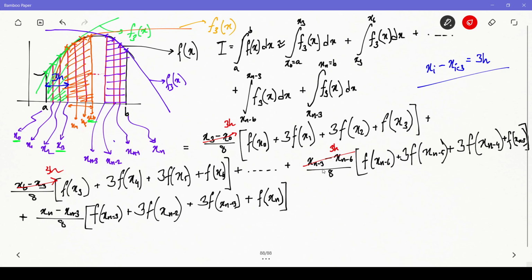So that implies that n minus 3 is also divisible by 3, and n minus 6 is guaranteed to be divisible by 3 as well. Okay, so the difference between them will for sure be 3h, and we can say the same thing in this case as well, 3h. So what we are seeing is that there is a 3h by 8 factor that is common for all of these terms, right? So we can factor it out for our benefit. So let's do that.